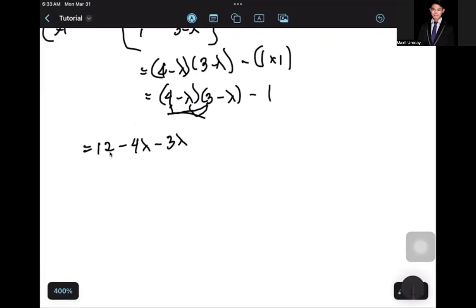And after that, it will be the last. For the last, it is lambda times lambda, so it will become lambda squared. Is that right?